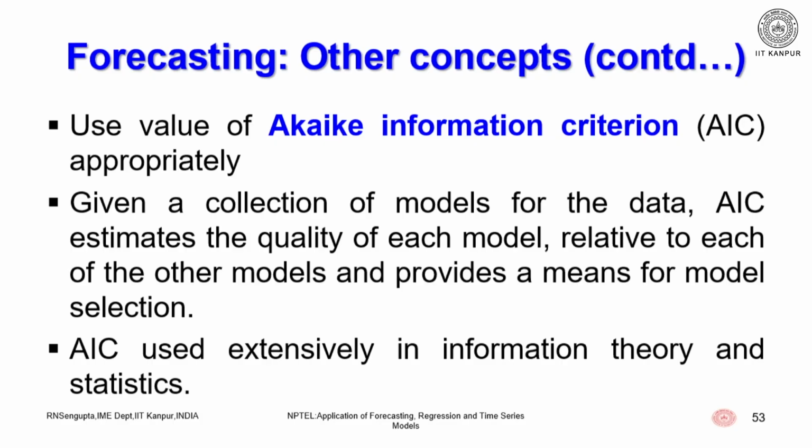Now, what is AIC? For forecasting, we use the value of AIC, known as Akaike's information criteria. It is a collection of models, or different types of metric, which estimates the quality of each model. What I mean by the quality of each model is how good or bad the prediction or forecasting is.